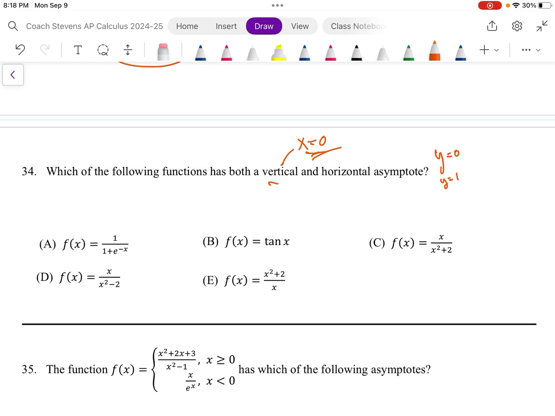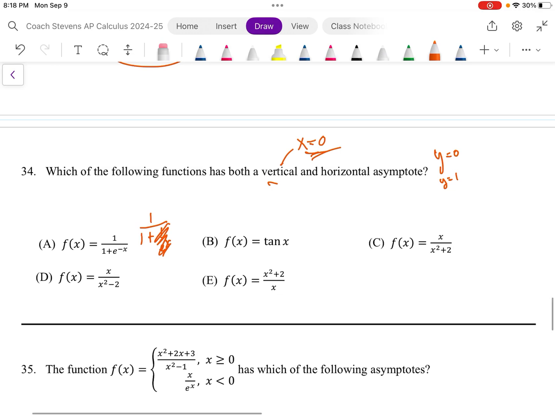We do not have a vertical asymptote on the first one because this is 1 over 1 plus 1 over e to the x. So there's no time when we would be dividing by 0 in this case, because as x grows, that becomes 0, so then it just becomes 1 divided by 1. So that's not an answer choice. Tangent x does have a lot of vertical asymptotes.